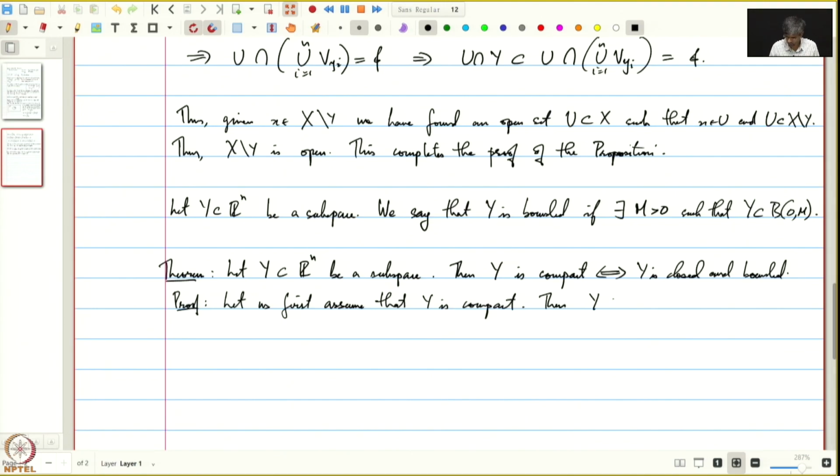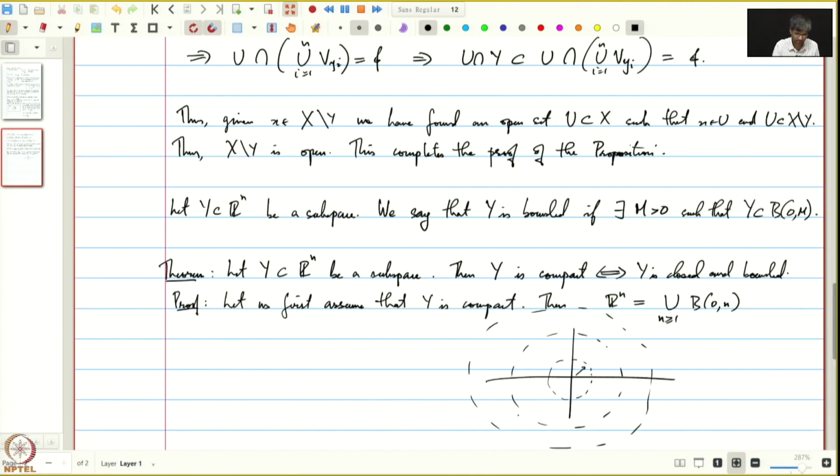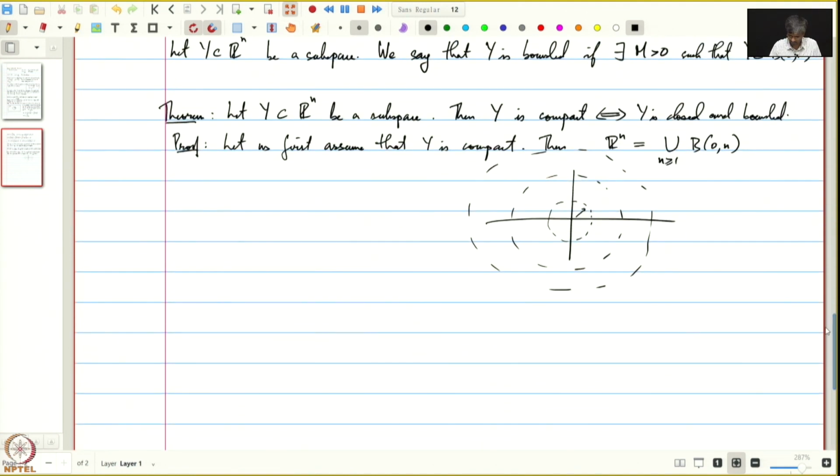So first note that R^n we can write as the union over n greater than or equal to 1 of open balls of radius n. So this is an open cover for R^n because every point is contained in one of these open balls. These keep getting larger and larger. So this implies that Y is equal to, we simply intersect both sides with Y, the union of Y intersected B(0,n).